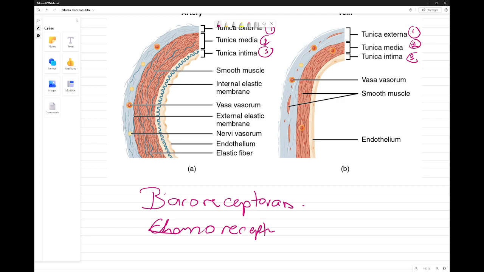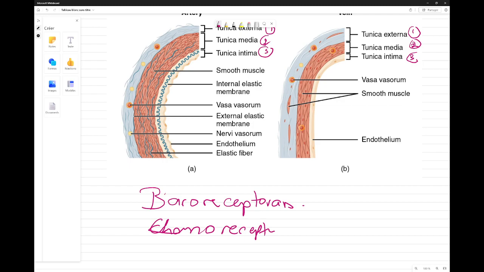If we detect these things, then the veins and the arteries will manipulate their functions to maintain homeostasis. If there's a lot of pressure, that information goes back to the heart, because if the pressure is increasing, we look at what the sympathetic and parasympathetic nerves do, and the chemoreceptors will regulate something else.